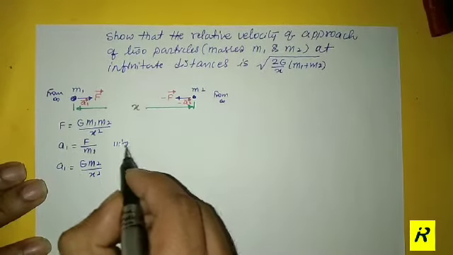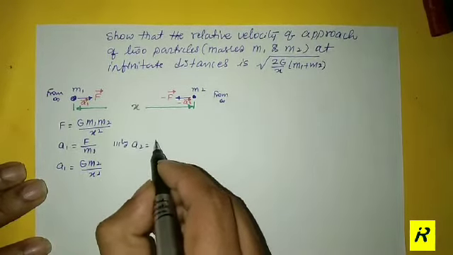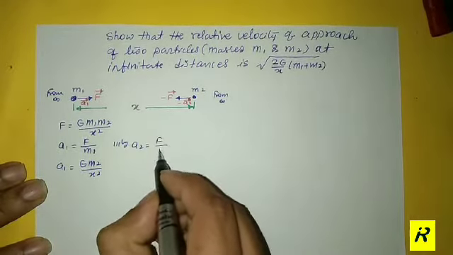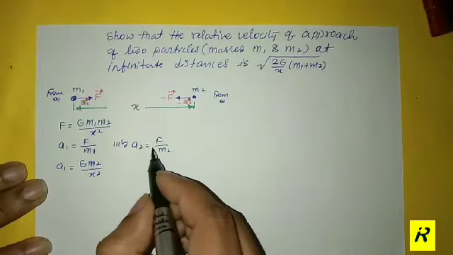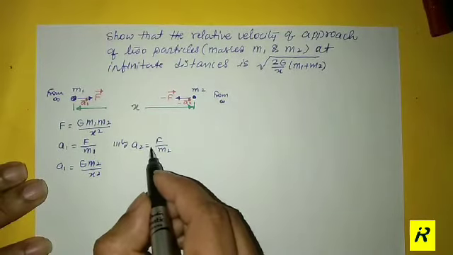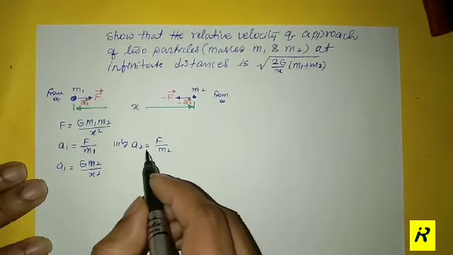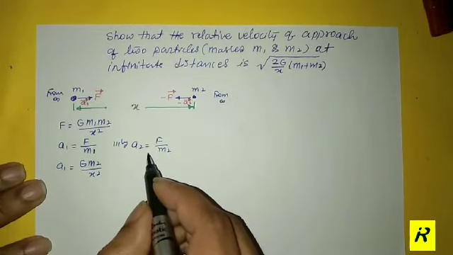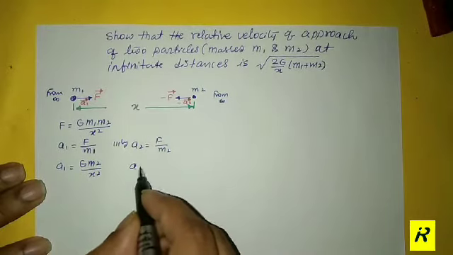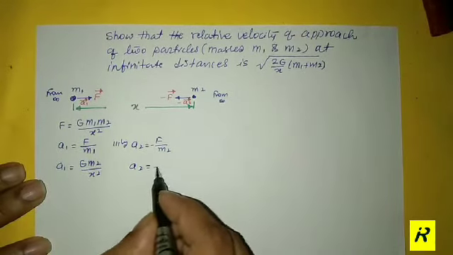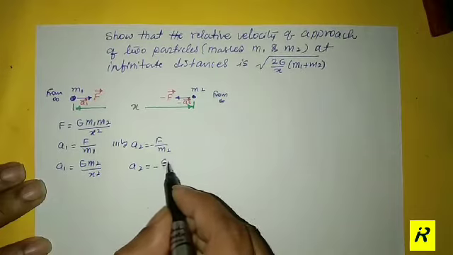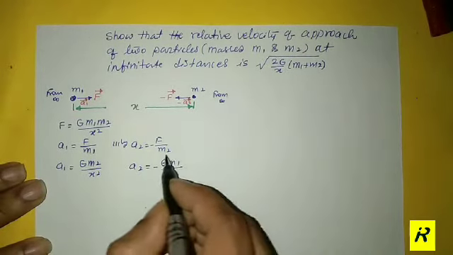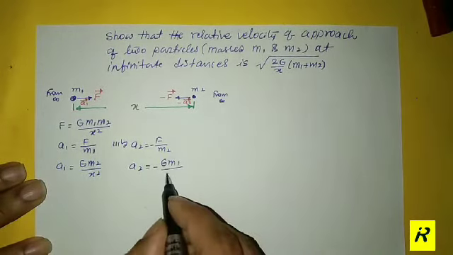Similarly, a2 is equal to F divided by m2, but this is in the opposite direction, so I put a negative sign here in order to calculate the relative acceleration. So it is minus G m1 divided by x square.